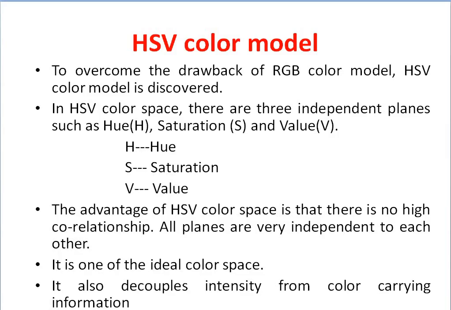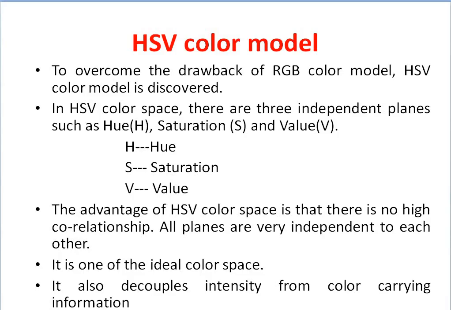A hue is the actual or original color of an object. A color may have various shades of intensity, but it has an original color value. We can determine this original color value of an object by a factor, and that factor is called hue.